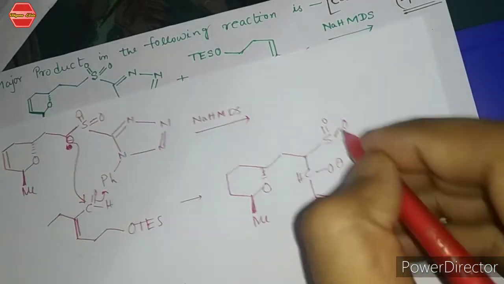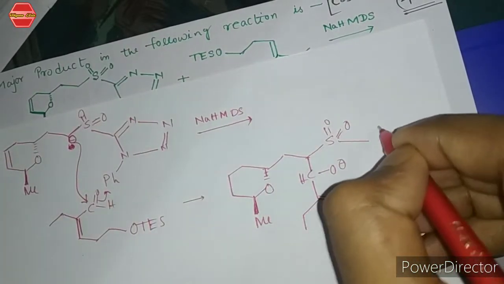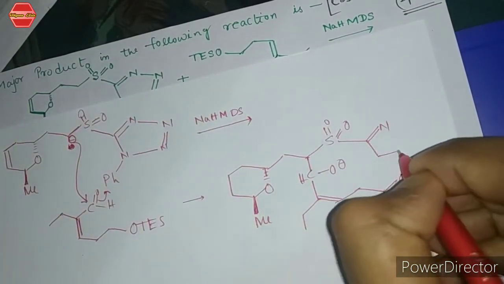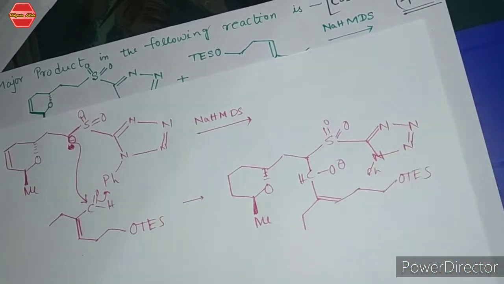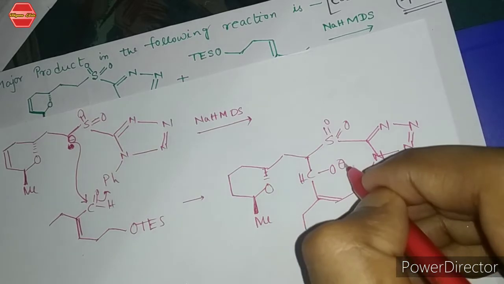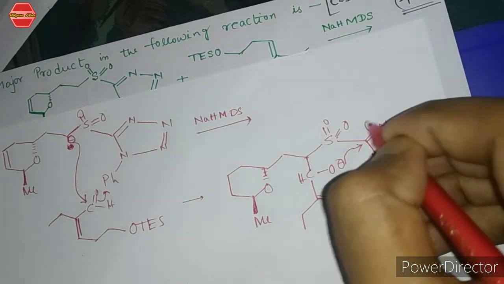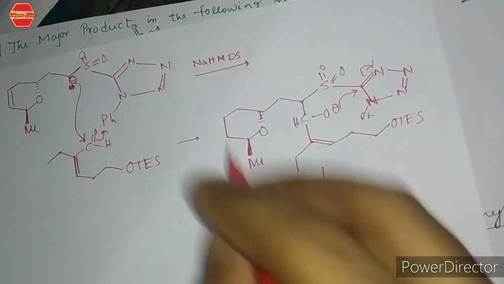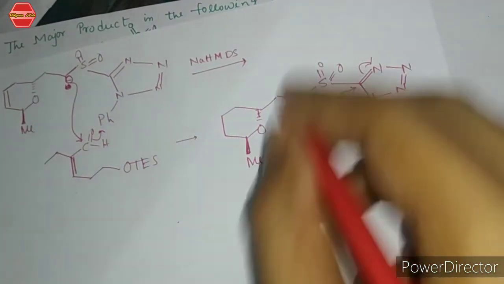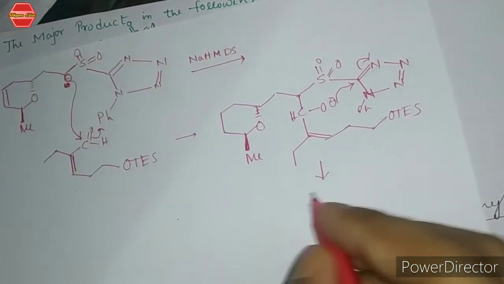Okay, there is a compound, and here is a negative charge, and this is nitrogen and Ph. Okay, this is the overall compound. Now this negative charge attacks this nitrogen, and here is the negative charge over the nitrogen atom. Okay, I am not writing this overall structure, I am writing this part only now.